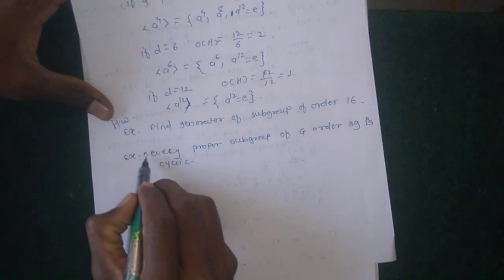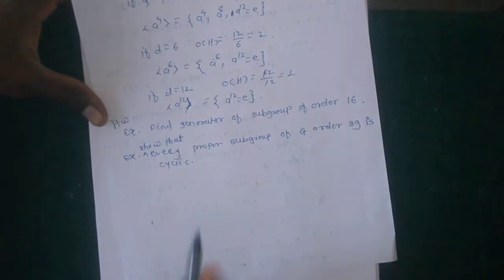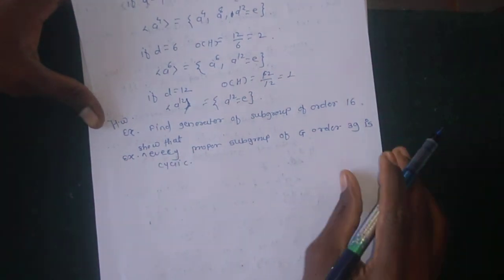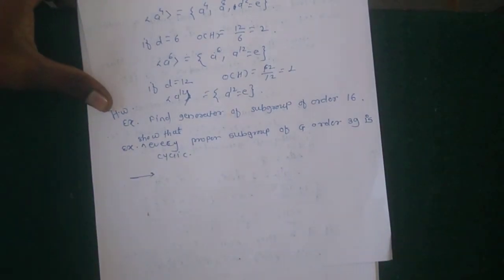Here we have to show that every proper subgroup of G of order 39 is cyclic. How do we show it here?